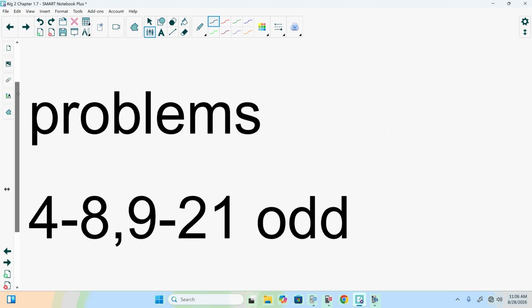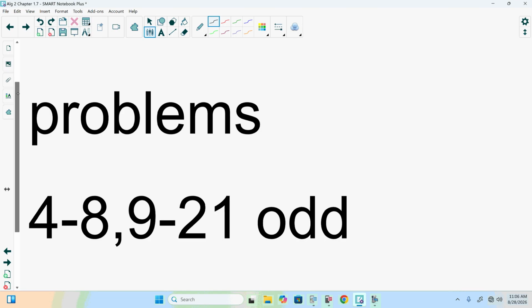That's it. 4 through 8, 9 through 21, odd. 7 and 8 is again error detection. There's something wrong with those, so you need to fix it. Tell us, or actually see what the actual difference or sum is.